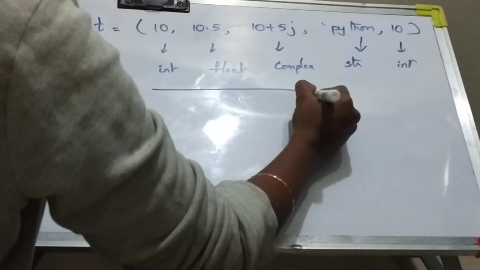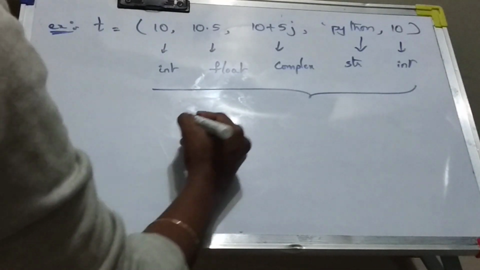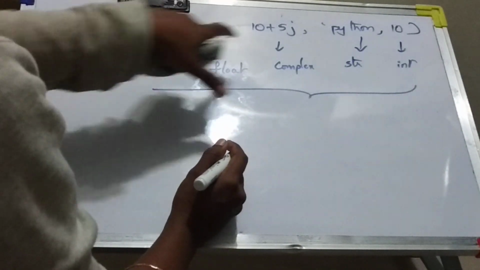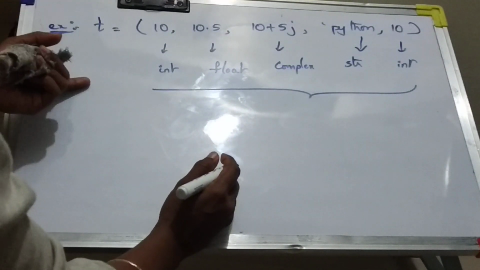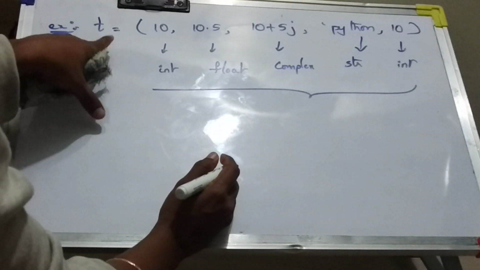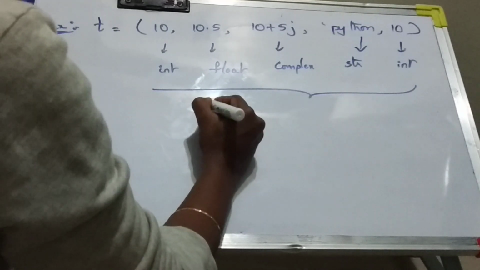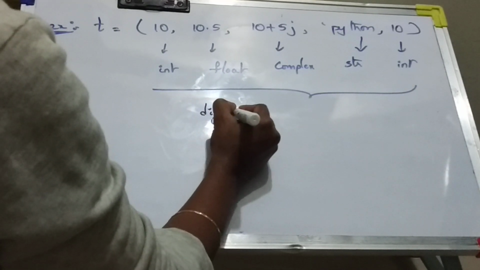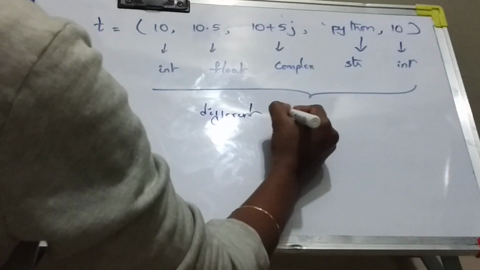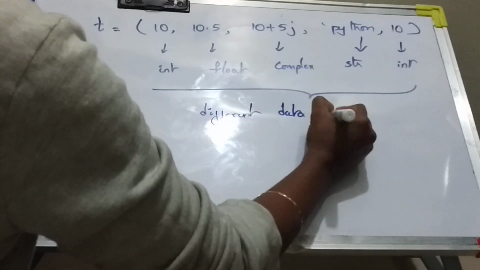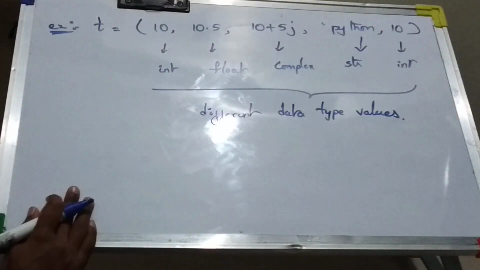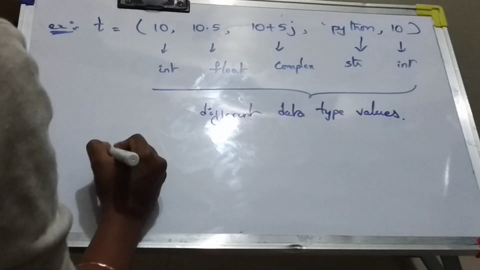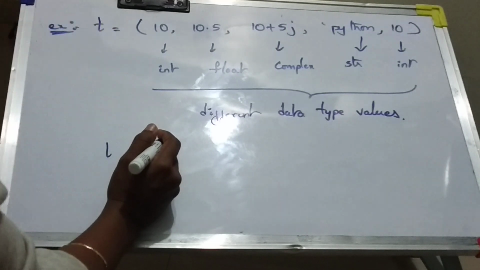These are heterogeneous objects, different data type values, and duplicates are allowed. We can't change the tuple. This means it is an immutable object. Parentheses are optional.